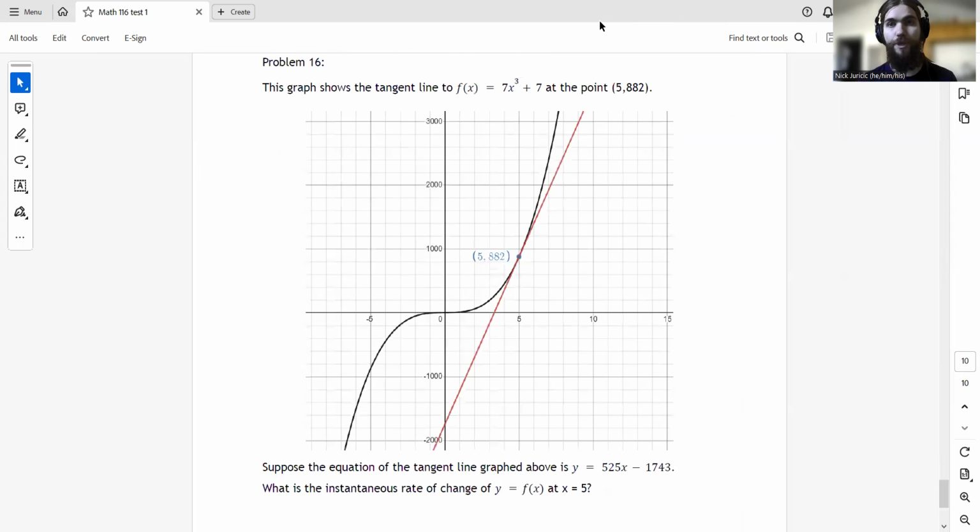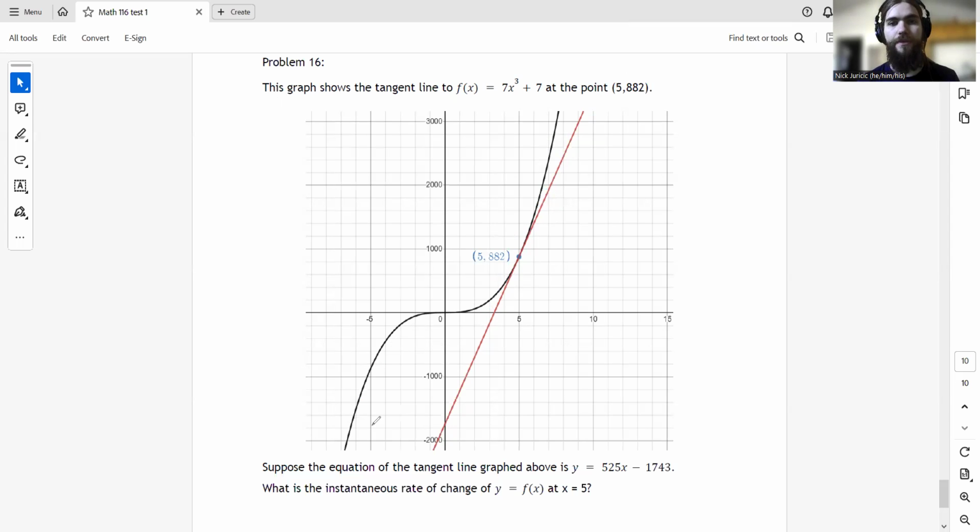All right, very last question on this test. It says this graph shows the tangent line to f of x equals 7x cubed plus 7 at the point (5, 882) pictured here. And you see the graph, this is the function, and this tangent line touches it at this one point.